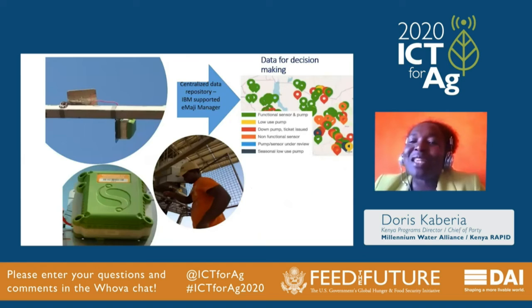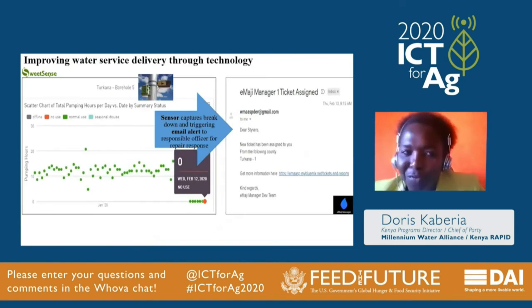Using the IBM platform, which is a dashboard, we are able to send the signal from these sensors to the IBM platform, what we call eMAGI Manager, that can show whether the borehole is functioning or not. When it is green, it is functioning. If it is yellow or amber, it shows there is low use. If it turns red, then you know the borehole is not functioning.